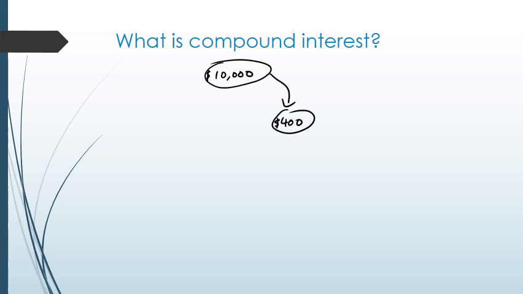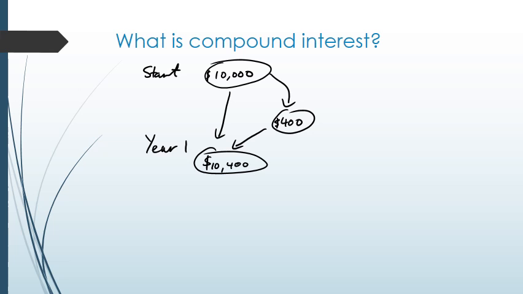Then we're going to add this in total to get our new amount for the second year. So this is year 1, and this is year 2. Oh, sorry, this is the start actually, which we then got $10,400.